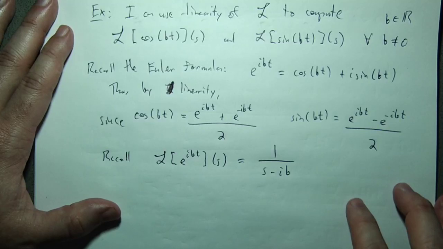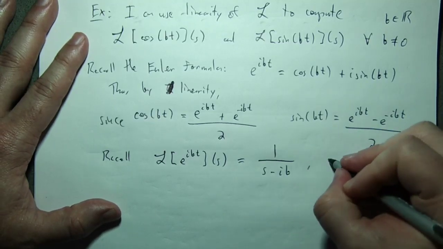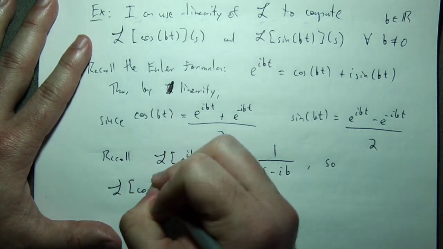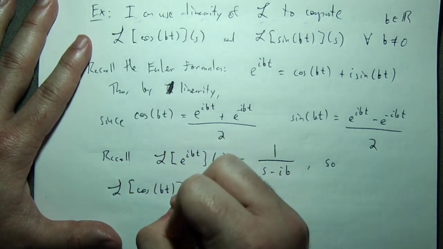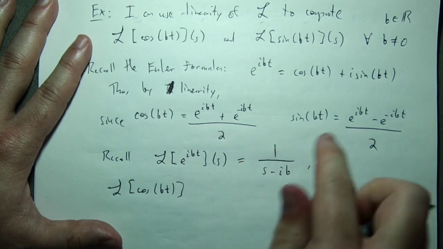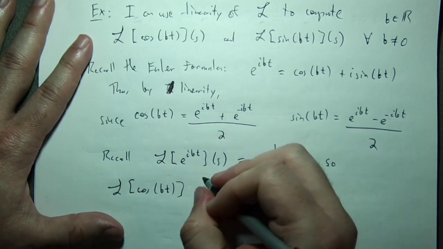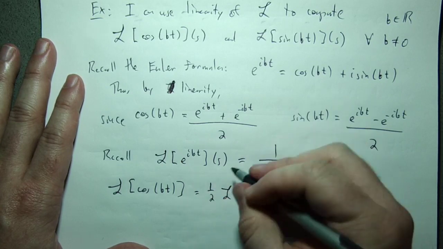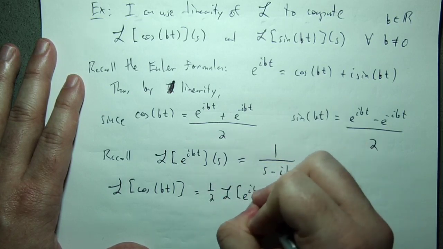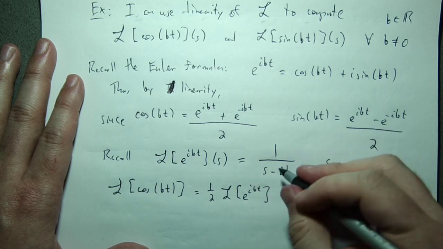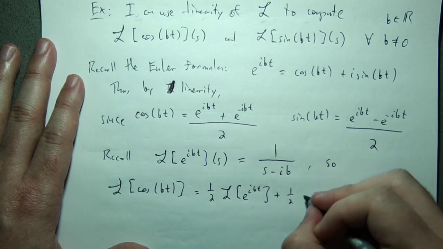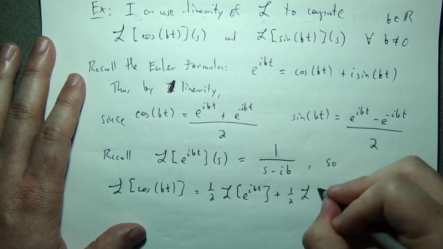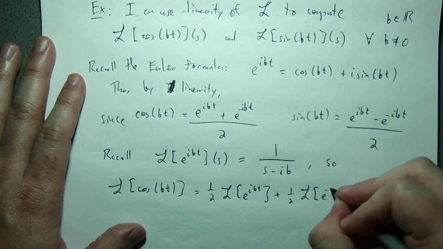Okay. And so the Laplace transform of cosine of bt, using these two things, is 1/2 the Laplace transform of e to the ibt plus 1/2 the Laplace transform of e to the minus ibt.